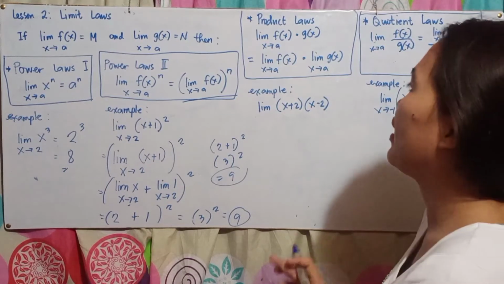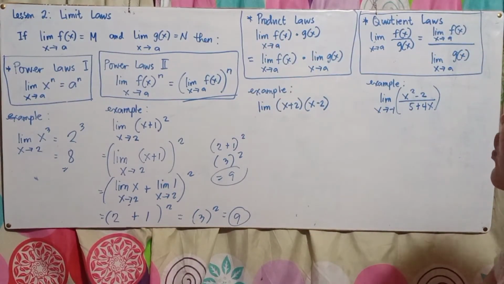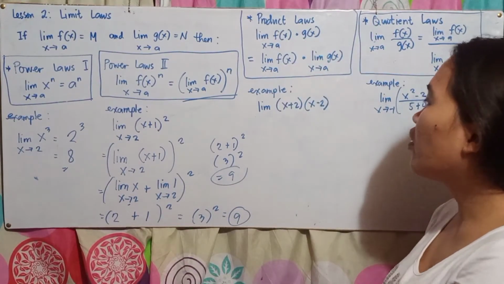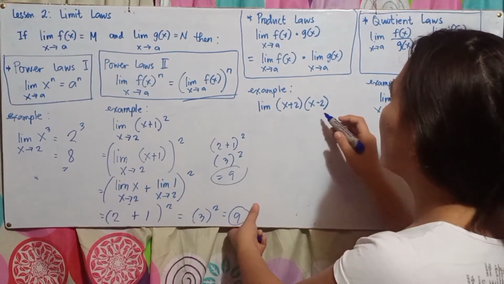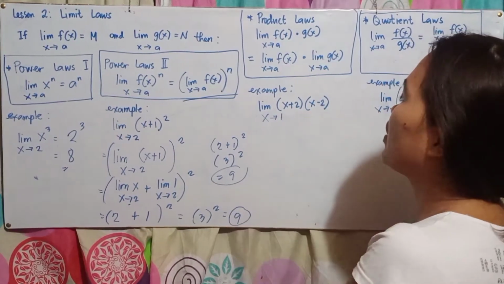Okay, next is the product law. So, we multiply. The limit of the function f of x times g of x as x approaches a. They just multiply. For example, the limit of x plus 2 times x minus 2 as x approaches positive 1.